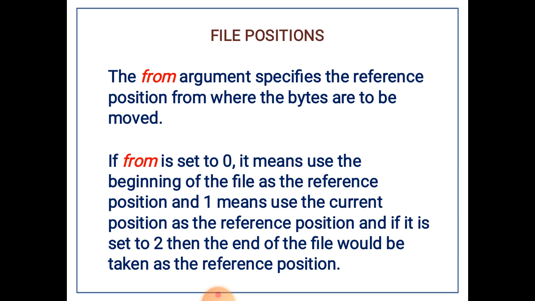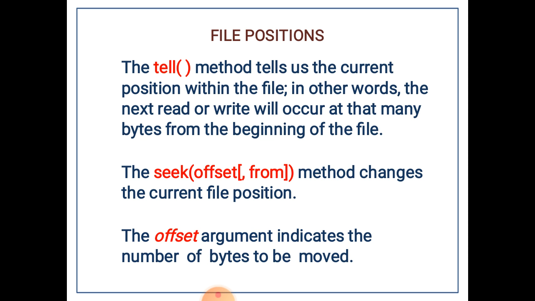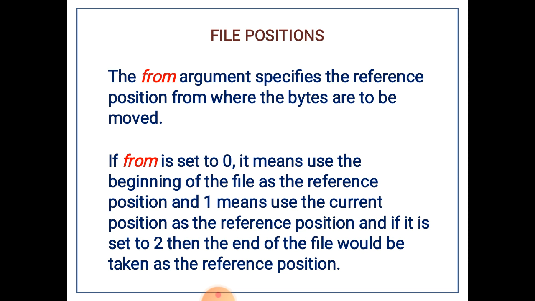So just look here that the seek offset from method is meant to change the current file position. In the seek method, we see two important words: one is offset and the second one is from. Offset indicates the number of bytes that are to be moved, and from indicates from where the bytes are to be moved.